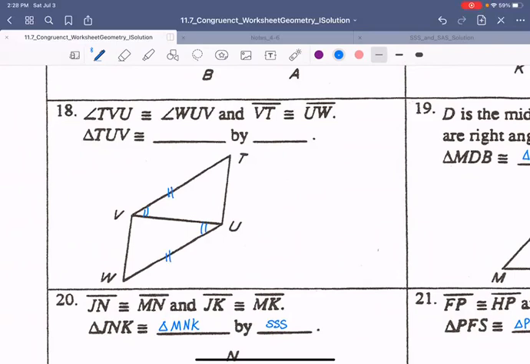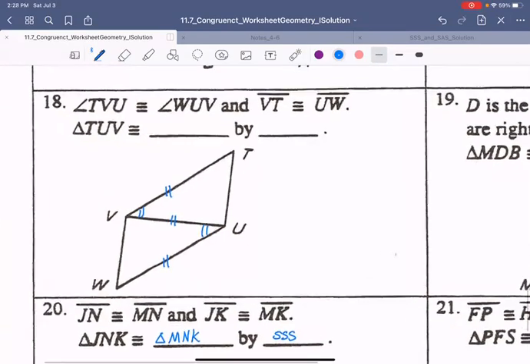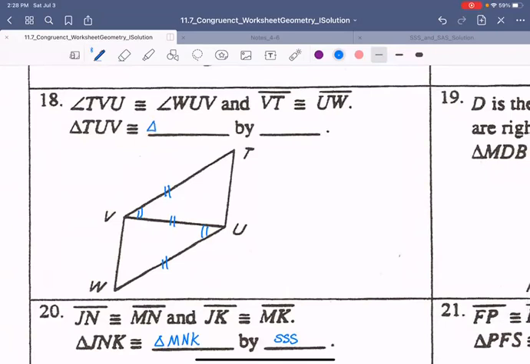Line VU is congruent to line VU. So triangle TUV is congruent to triangle WVU. T is this guy, so you are looking for W. TUV, so WVU. Okay.